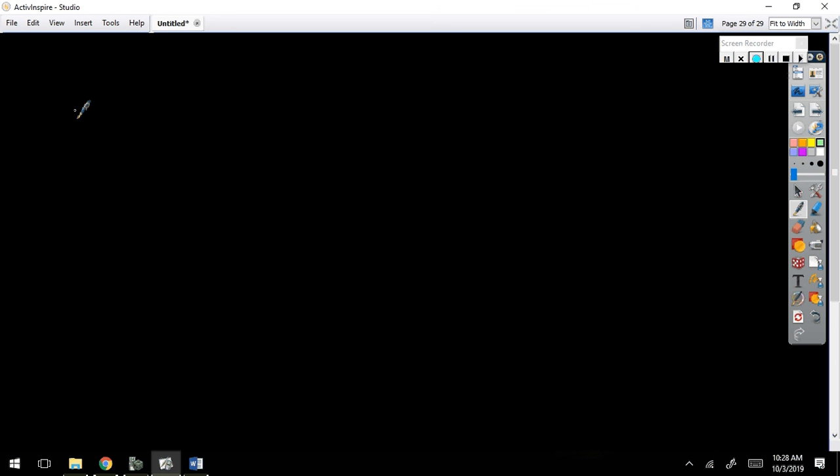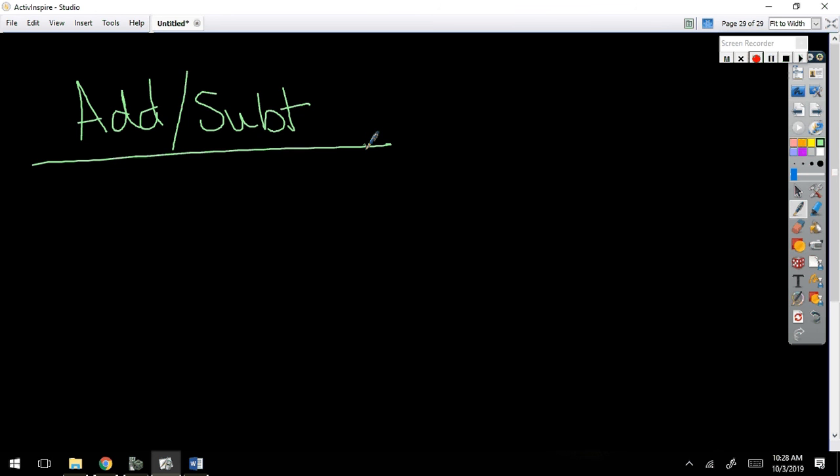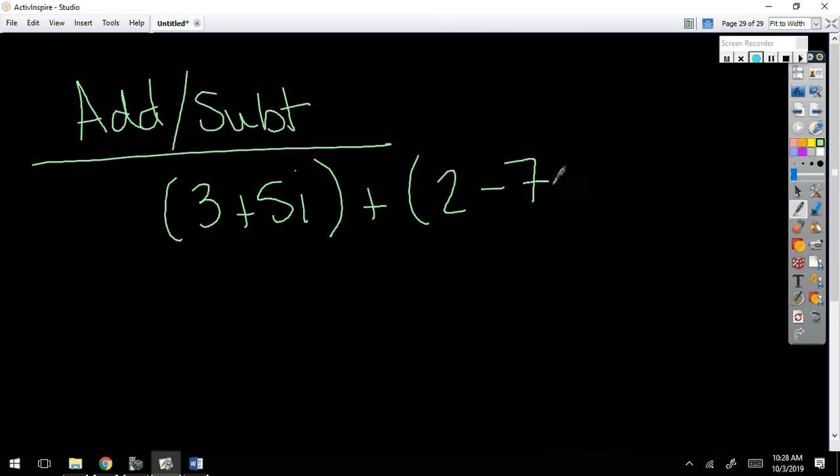Addition and subtraction are the easiest, as usual. Let's say I have two complex numbers: 3 plus 5i, plus 2 minus 7i.